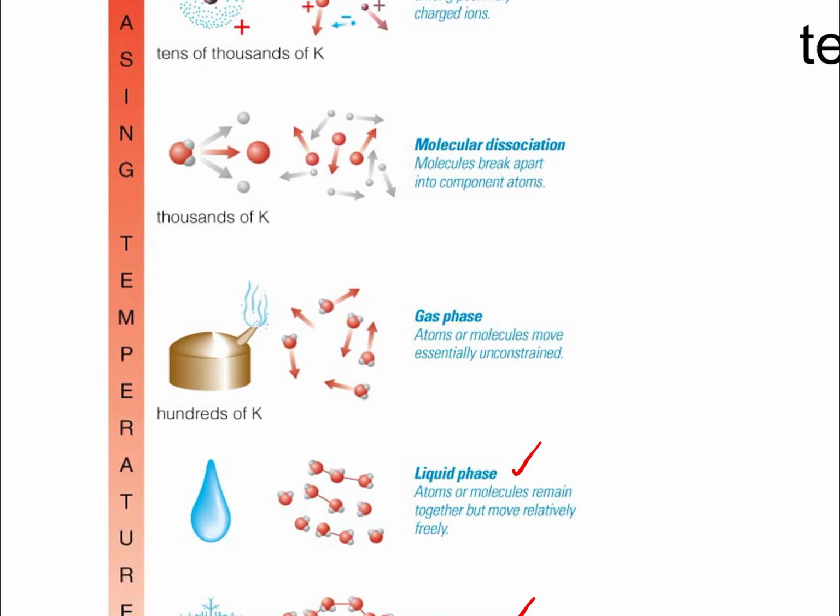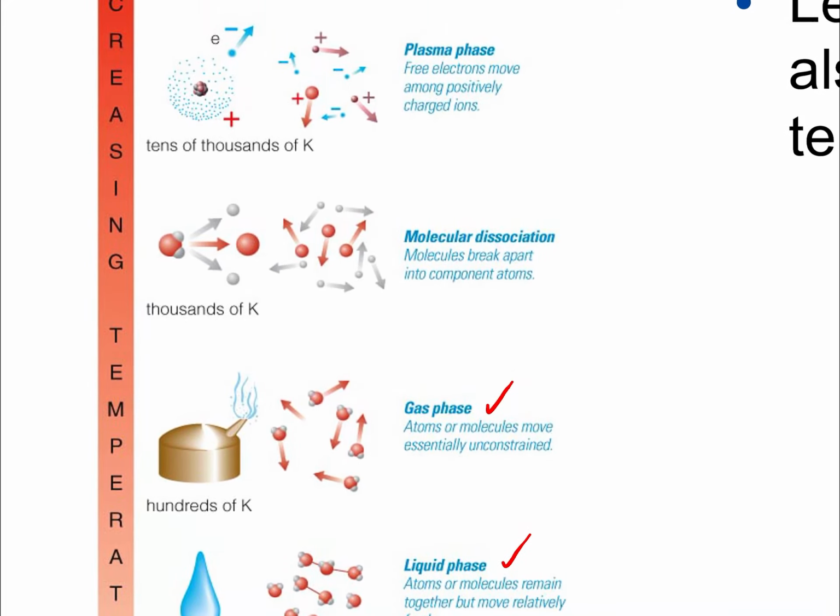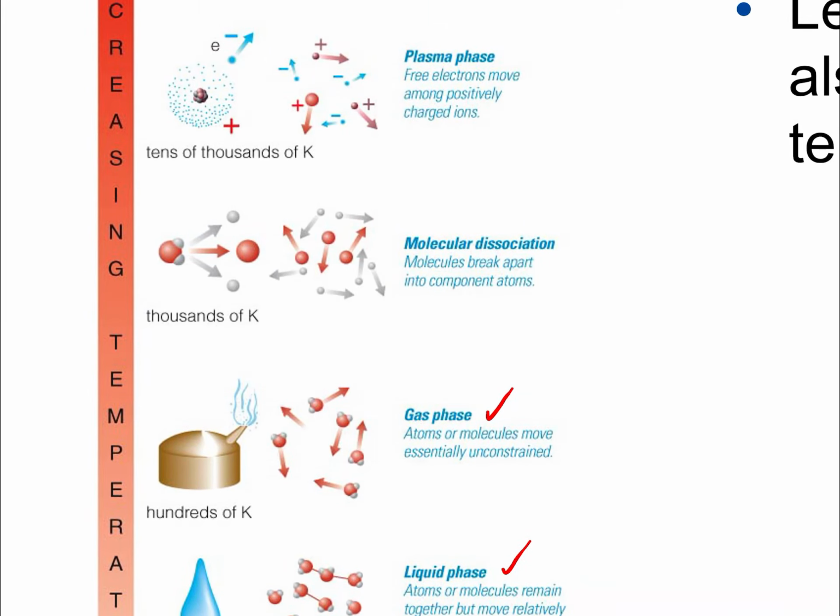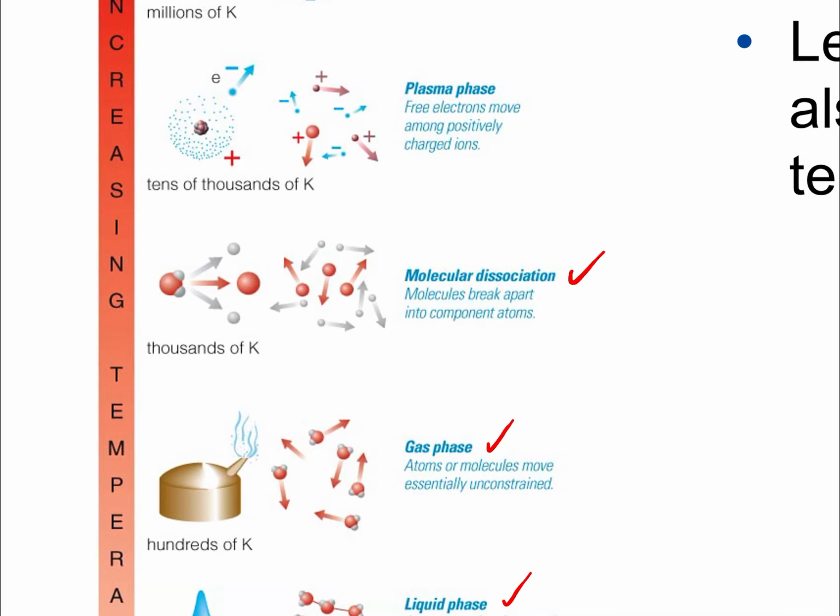If you continue to heat them up, they eventually break up into a gas, think water vapor. If you continue to heat them up, the molecules are going to dissociate. You're not going to have large molecules. For example, if you took water and continued to add energy to water vapor, eventually the H2O would split up into hydrogen and oxygen. And in fact, the H2 would split up into just H. That's a molecular dissociation.